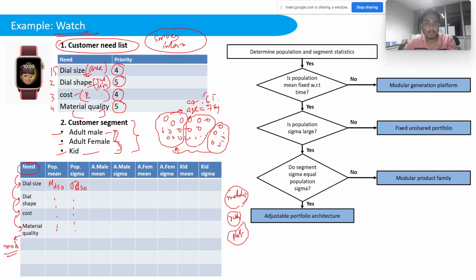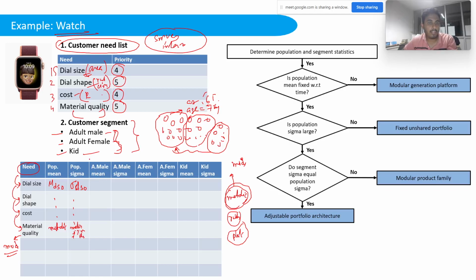You identified that metallic has the highest frequency, so you consider that as the mode. So here the population mean you captured is the mode, metallic. For deviation, you say metallic, plus minus the percentage of people who say rubber and the percentage of people who say plastic.